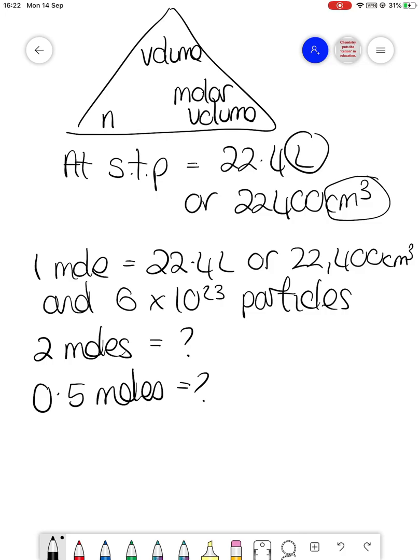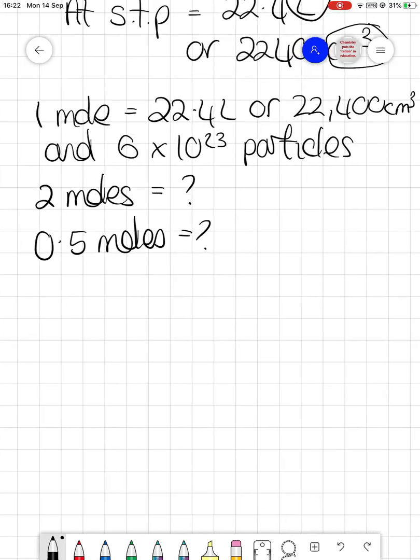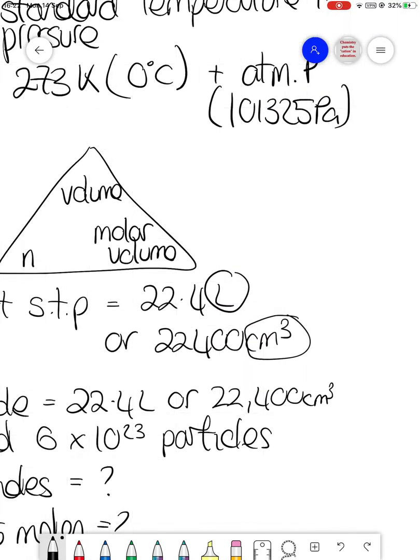Now, what we didn't say is that if we're using the triangle, how do we rearrange things? So, if we are looking for volume, what is the piece of maths we do?